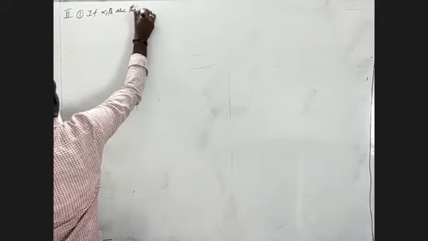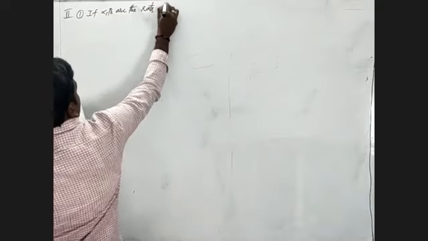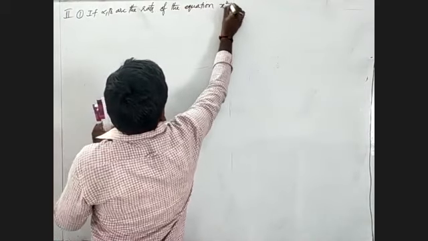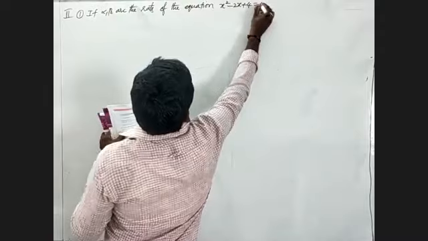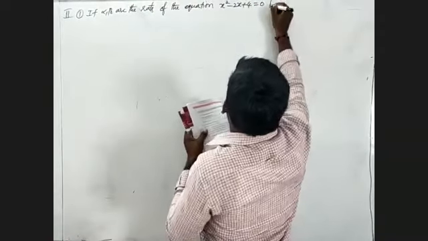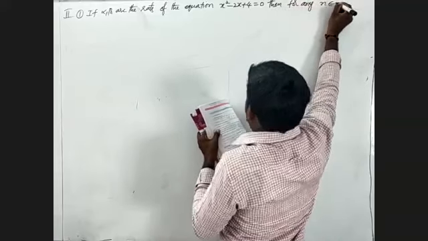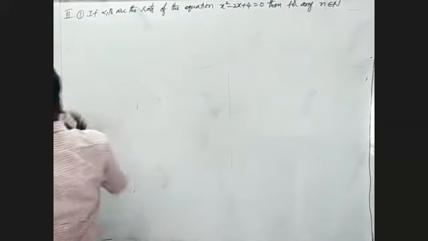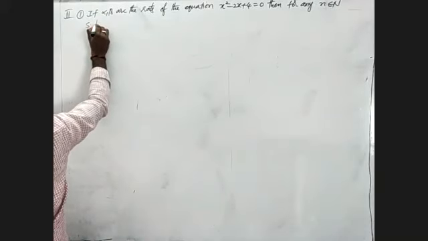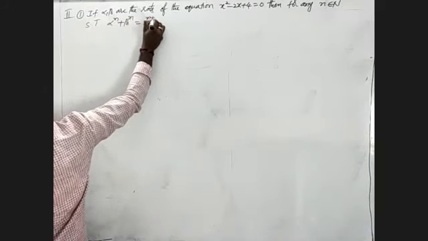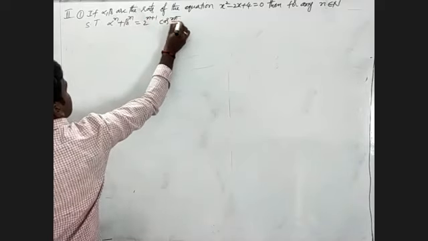In the second section, the first one is: if alpha, beta are the roots of the equation x square minus 2x plus 4 equal to 0, then for any small n belongs to capital N, show that alpha power n plus beta power n equal to 2 power n plus 1 into cos n pi by 3.